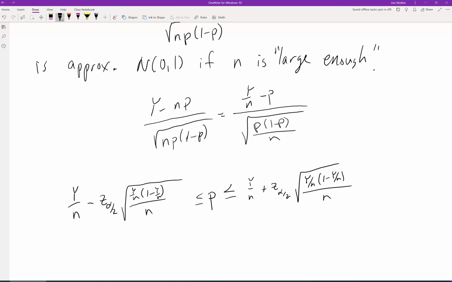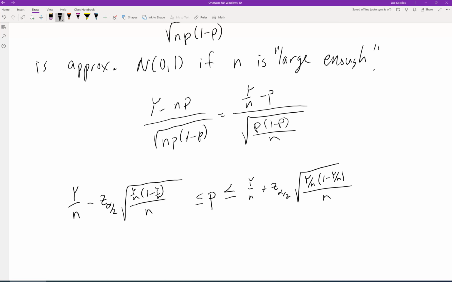Now, notice that this looks a lot like the sample mean minus the z sub alpha over 2 times the standard deviation estimate, right? Or variance of the sample mean, if you will, right? Because it's standard deviation divided by square root of n. It fits that same format, right?